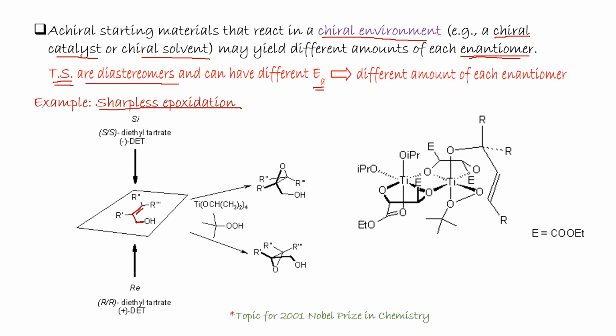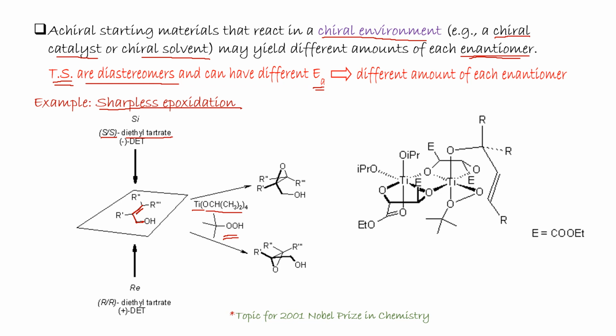Then he treated it with tertiary butyl hydroperoxide as the oxidizing agent to form the epoxide. But he added titanium alkoxide and optically active diethyl tartrate.